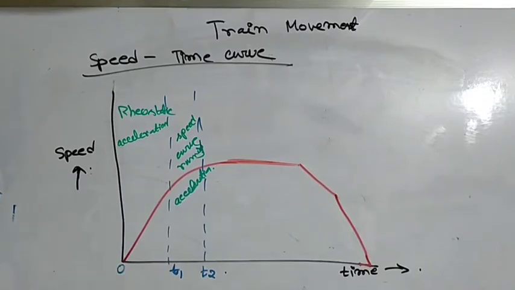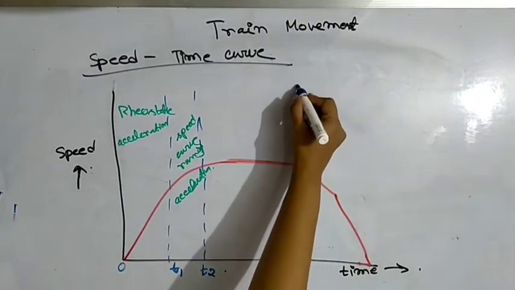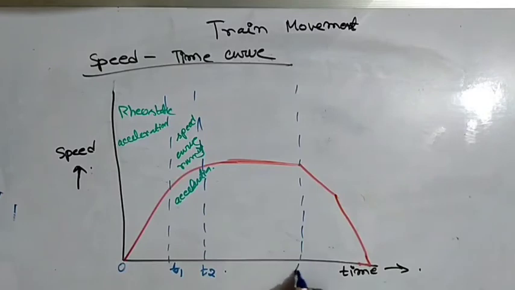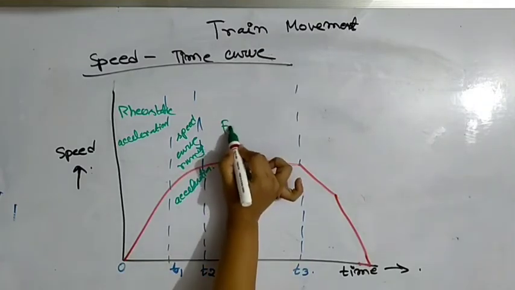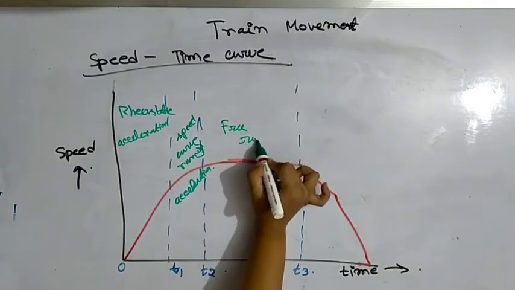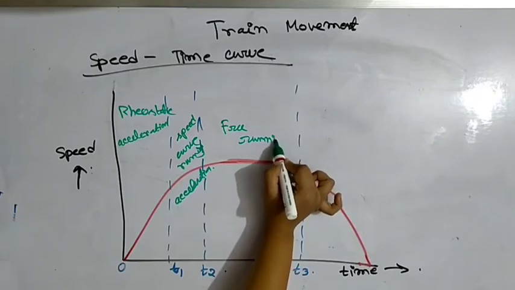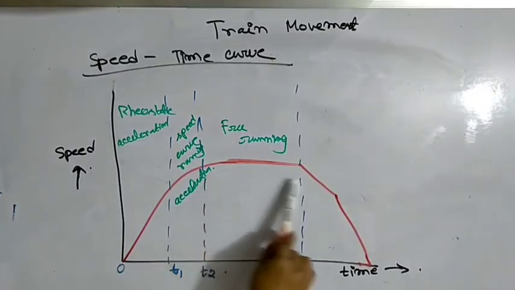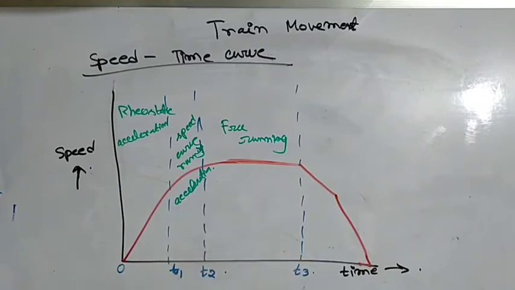Now next is the free running period, T2 to T3. This is the free running period. During this period the train runs at constant speed attained at the end of the speed curve running.